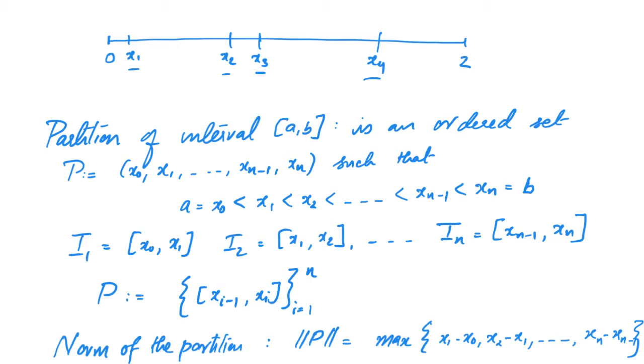Notice that what we were achieving in the previous video by increasing the number of partitions was actually decreasing the norm of the partition. As n increased, the norm of the partition became 2 by n in that video. And so because of this, the norm was tending to 0 as n tended to infinity.